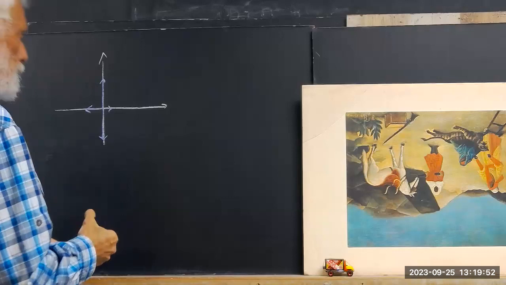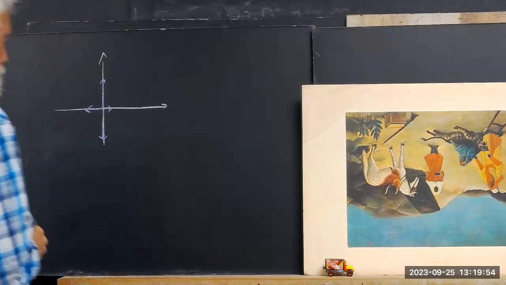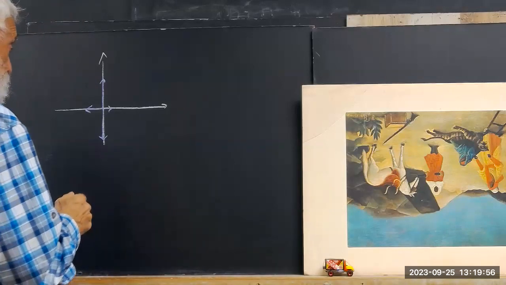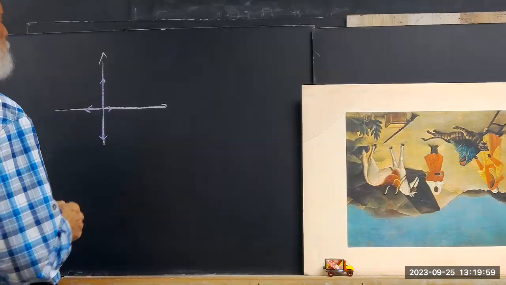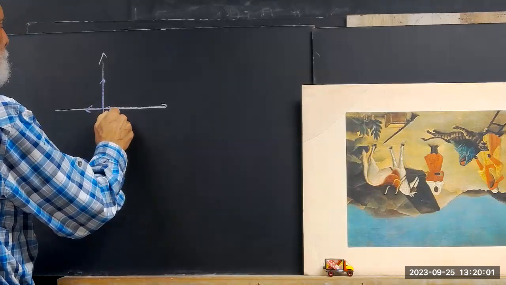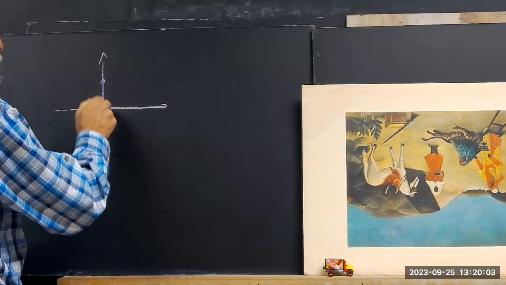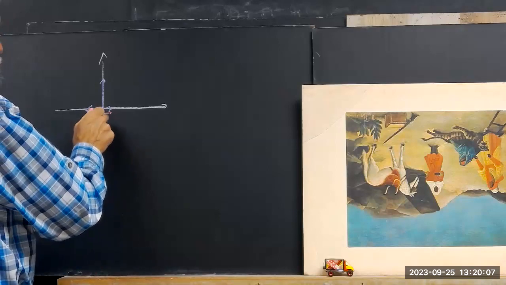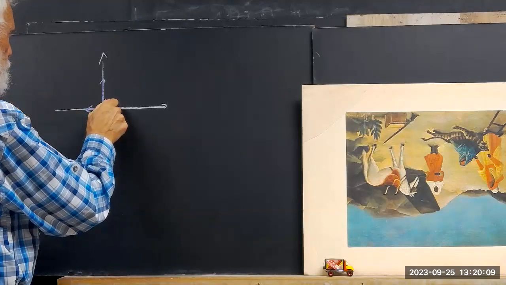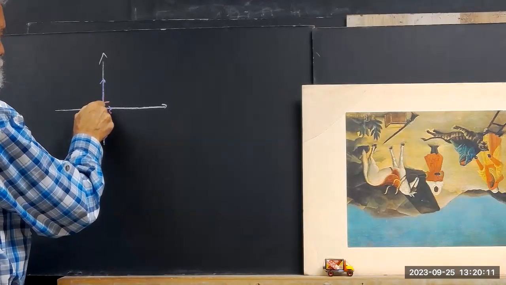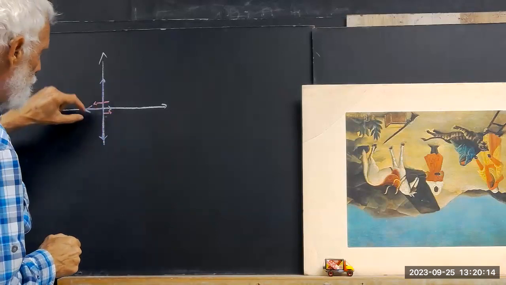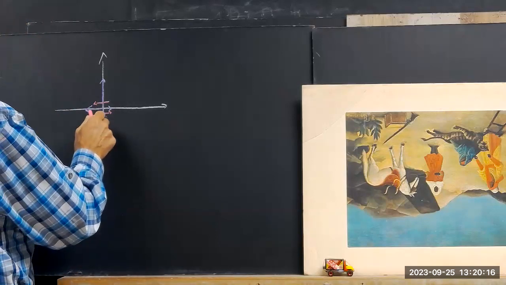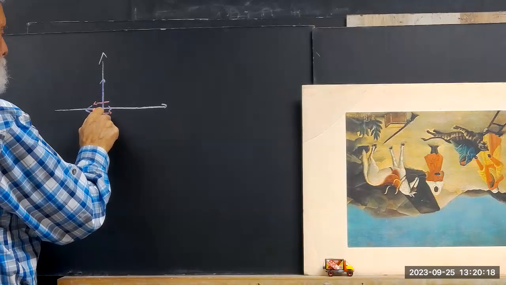There's one of 2 ways to draw this. 3 ways, actually. I'm going to draw it this way. Here's this vector, and then take this vector and add it head to tail. So here is the result.